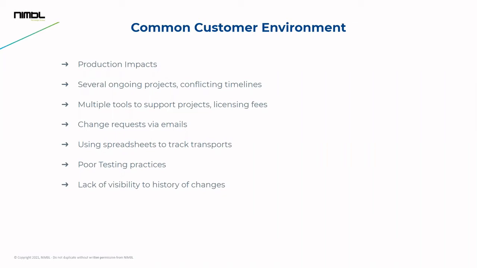So also, a lot of clients are requesting changes through emails, tracking them in spreadsheets. There's inconsistency in the visibility of the changes that are being requested and implemented across their landscapes. We have also seen poor testing practices without a clear defined idea of what is going into these environments. How do we know what is proper to test?